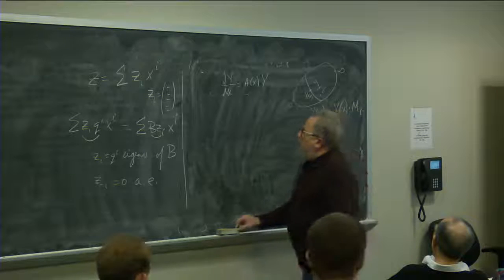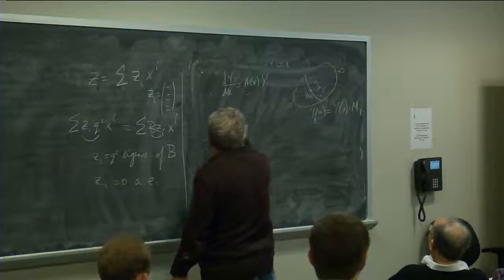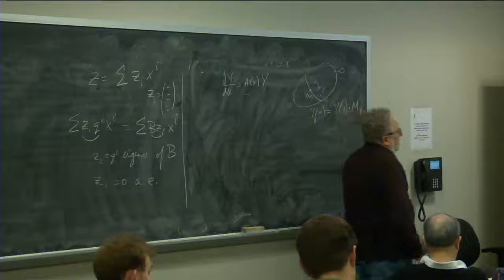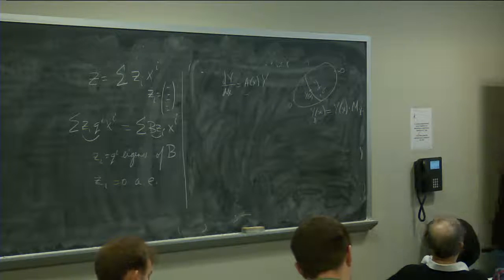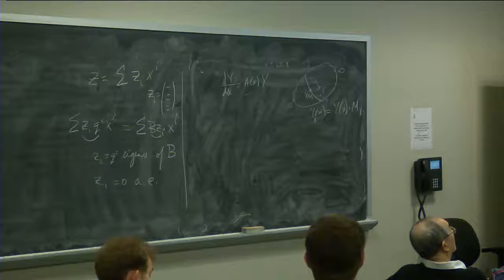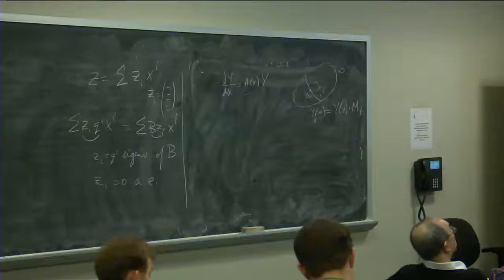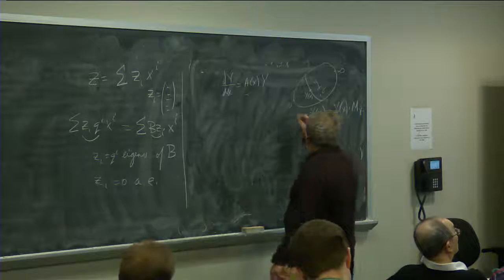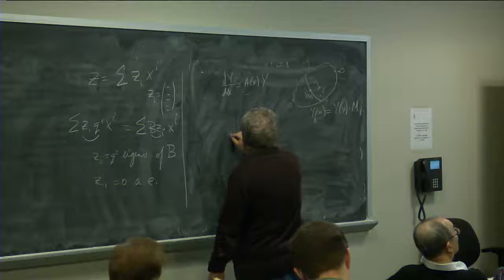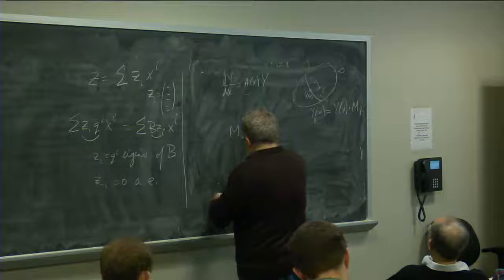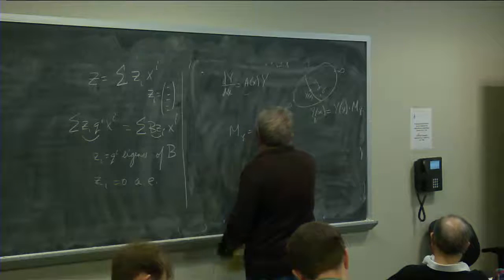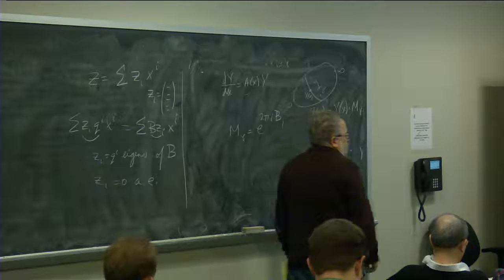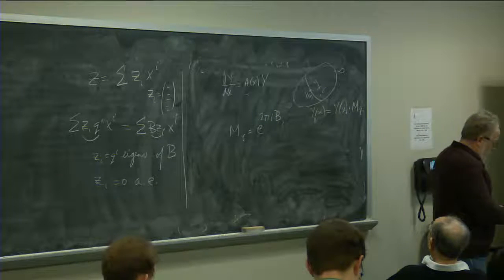And now I'm going to assume that this field C is a subfield of the complex numbers. This can be arranged. And I'm going to write M sub gamma as e to the 2 pi B1 for some matrix B1.